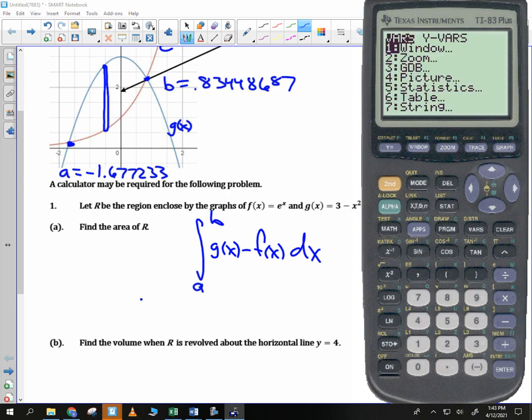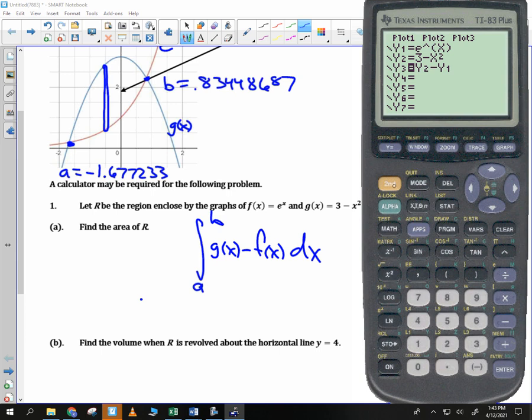I go to vars, y vars, function, y2, minus vars, y vars, enter y1. I'm going to subtract those two pieces. So again, remember, g of x is the one on top. That's the parabola. The parabola is on top. Question, sir? Oh. Okay, cool. Thank you.